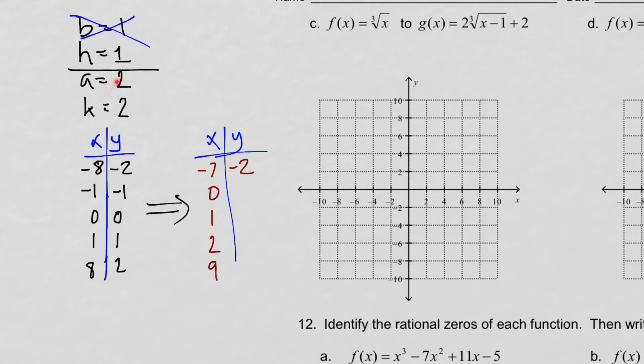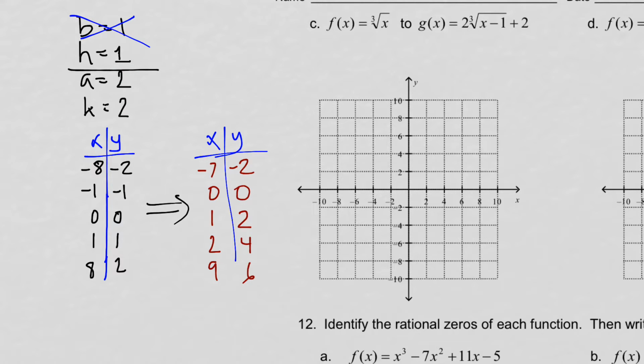Negative 1 times 2 is negative 2, plus 2 is 0. 0 times 2 is 0, plus 2 is 2. Next we have 1. 1 times 2 is 2, plus 2 is 4. And finally 2. 2 times 2 is 4, plus 2 is 6.